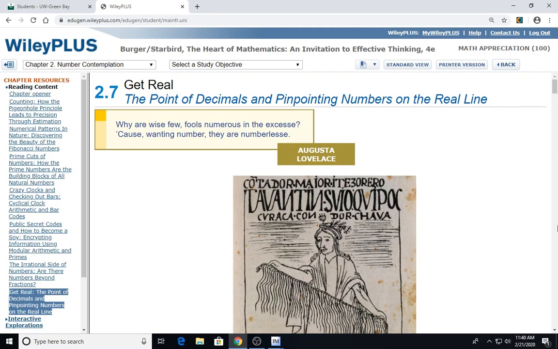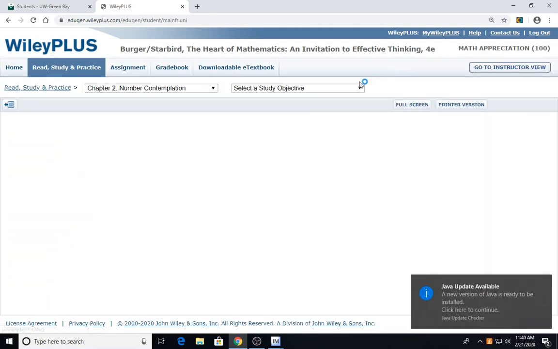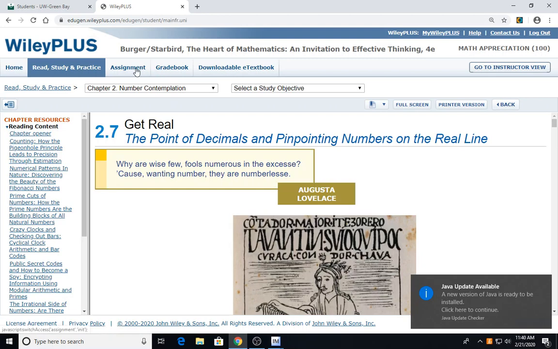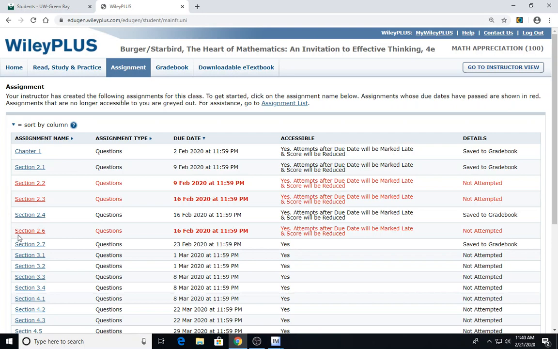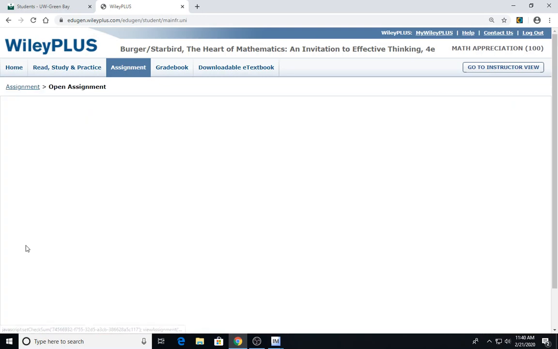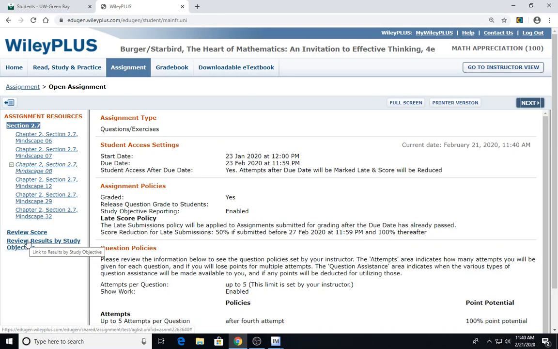I did get emailed a question from section 2.7, so we'll go ahead and look at that together. The questions that I assign you from Wiley are usually just short answer or multiple choice.